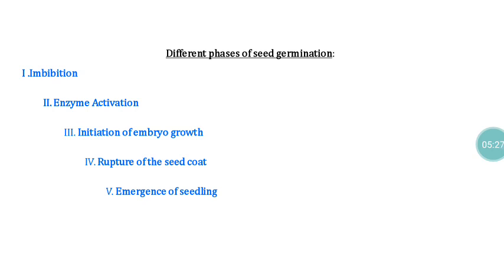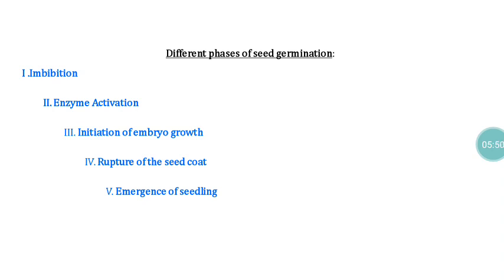Slowly the developing radicle and plumule rupture the seed coat, and finally the seed gives rise to the seedling, that is, emergence of the seedling. So these are the five different phases of seed germination: imbibition, enzyme activation, initiation of embryo growth, rupturing of the seed coat, and emergence of the seedling.